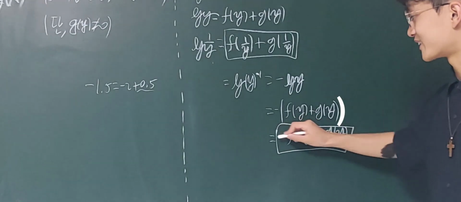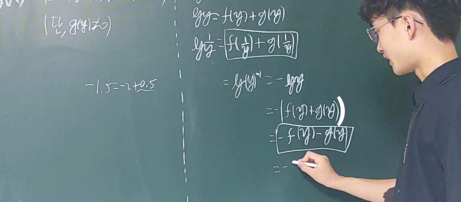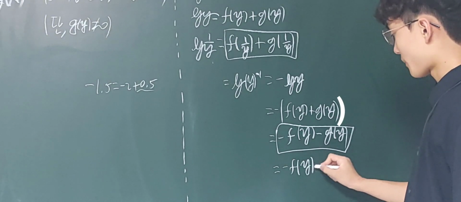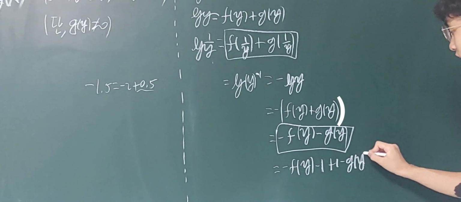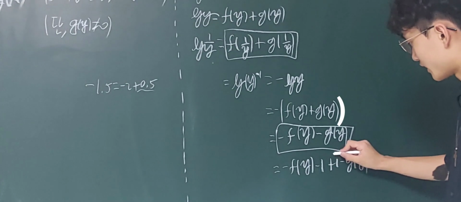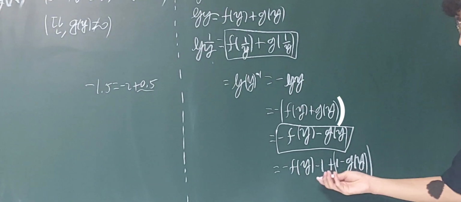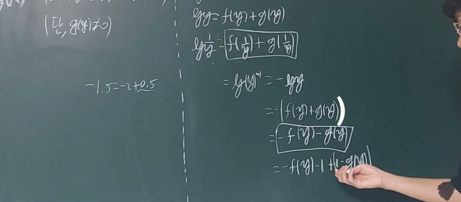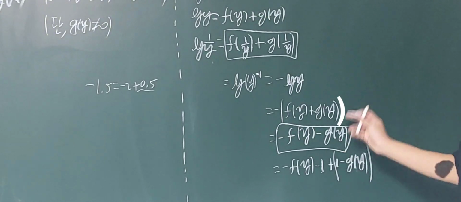Now I want to fix this expression. The reason I did this is that it will be clearer when we look at it this way. I just subtracted 1 and added 1 again, so nothing changed in this expression.